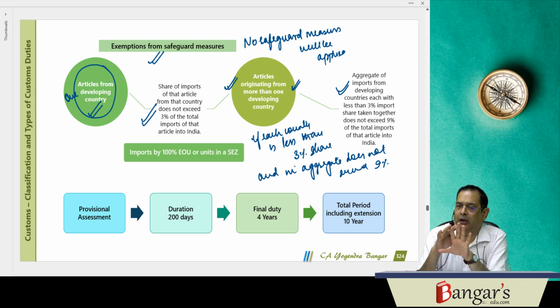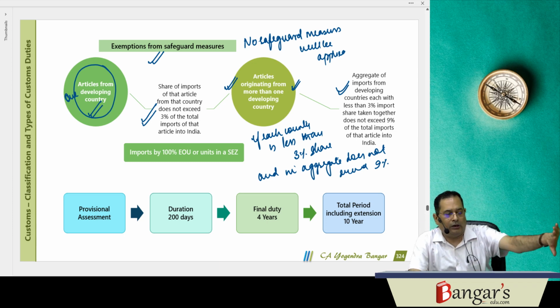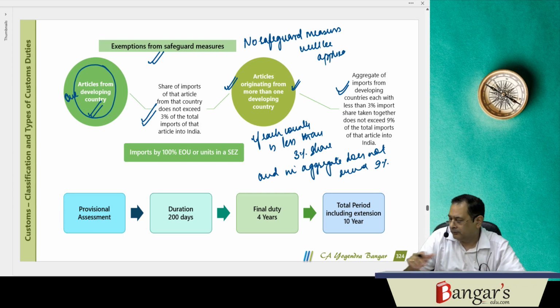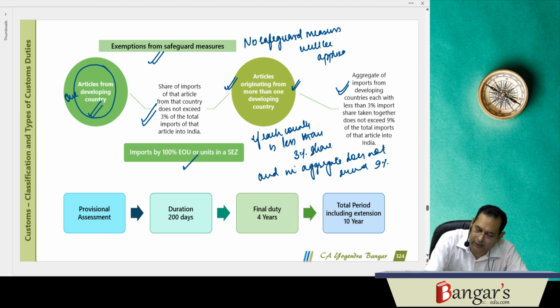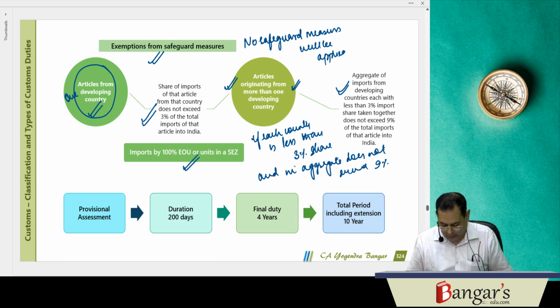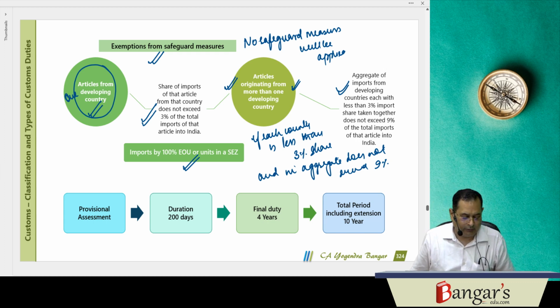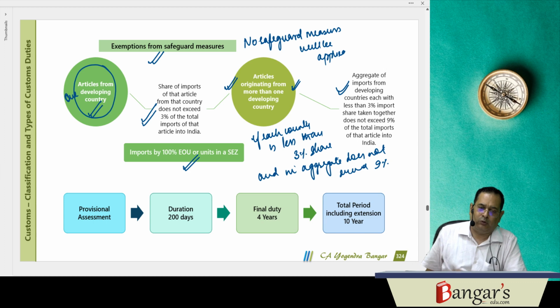Then if the article is originating from more than one developing country, for those countries having less than 3% share, safeguard duty will not be levied if in aggregate the share of imports from such countries does not exceed 9% of the total imports of that article into India. Besides this, in case the goods are imported by a 100% export oriented unit, or a unit in a SEZ, unless otherwise provided in the notification, safeguard duty will not be levied.